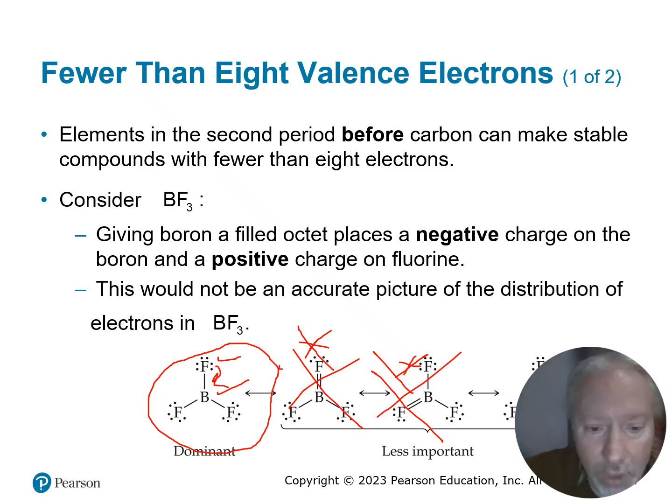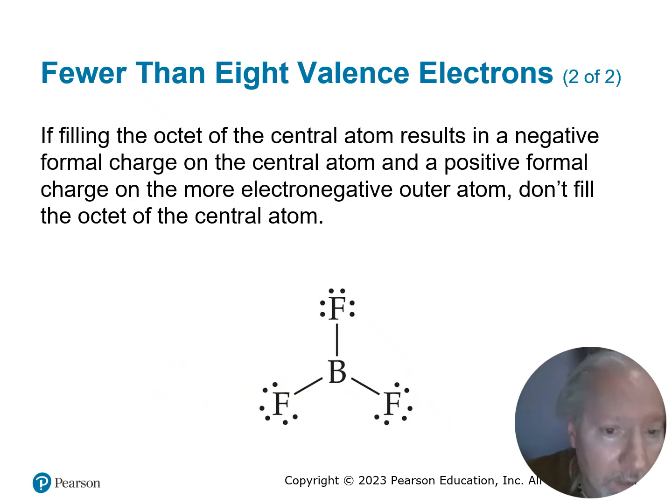It'll also put a negative charge on boron, and boron is not highly electronegative. We don't want to do this, but if you did make the mistake of doing this, you could do the formal charge on fluorine, where you have the double bond.